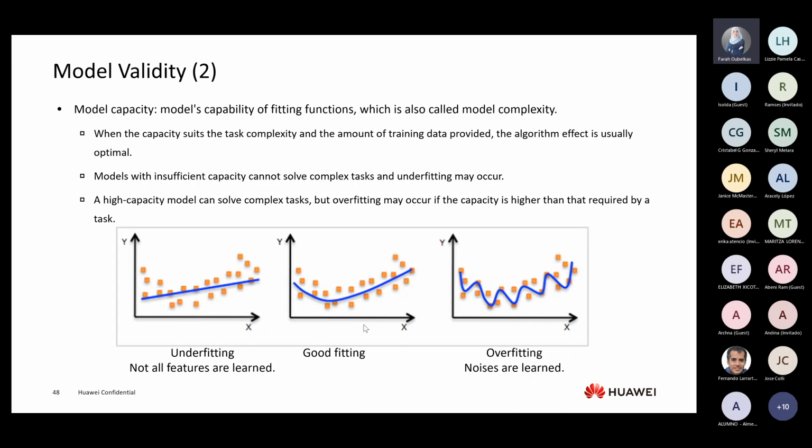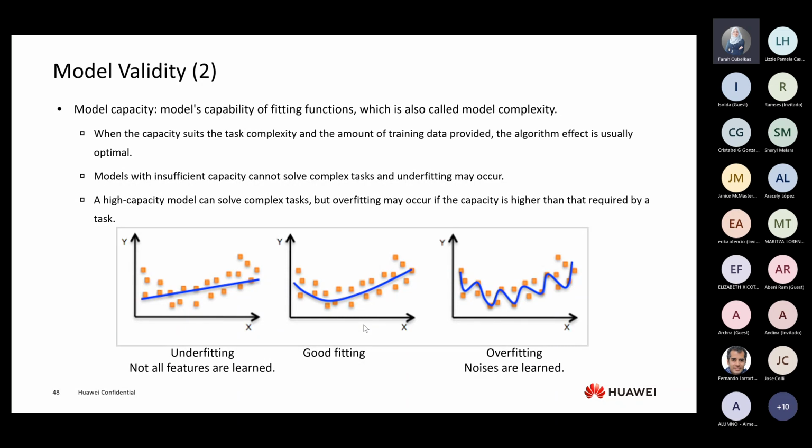One way to control the capacity of a learning algorithm is by choosing the hypothesis space. What I mean by the hypothesis space is the set of functions that the learning algorithm is allowed to select as being the solution. Let's give an example.